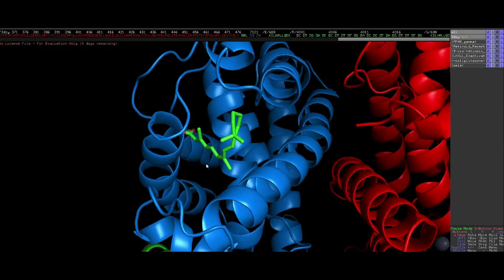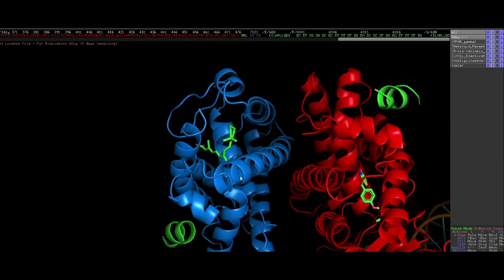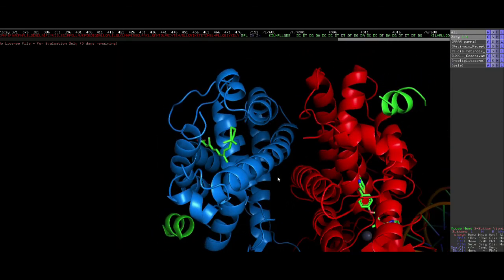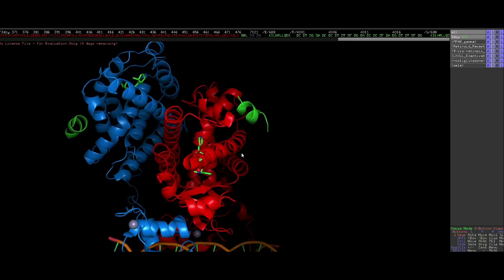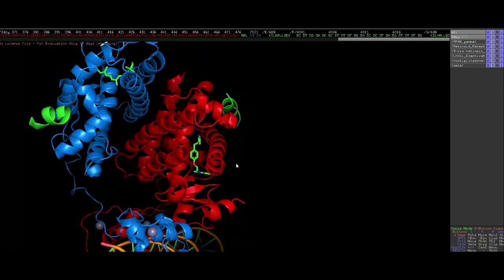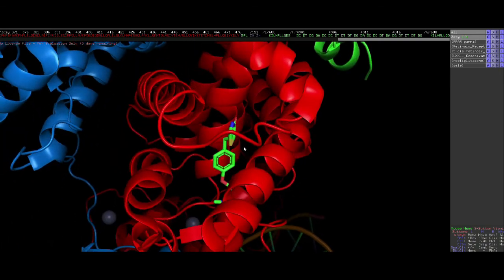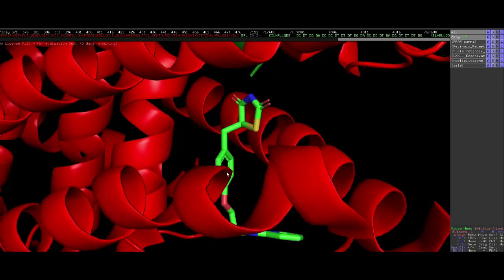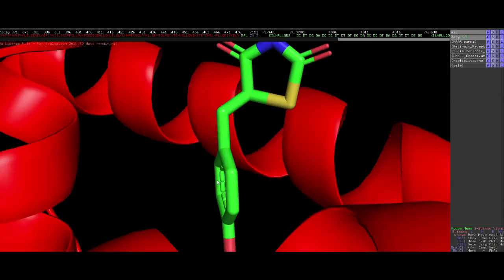Vitamin A is also a retinoid, so those act as ligands for retinoid receptors. Then there's this PPAR. I don't remember exactly what that stands for.